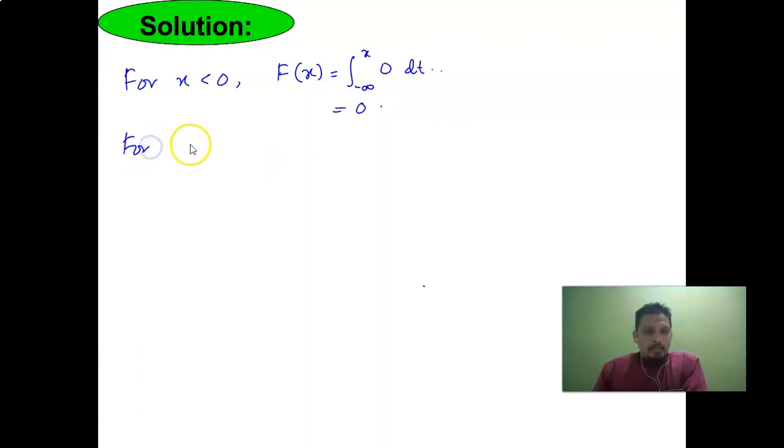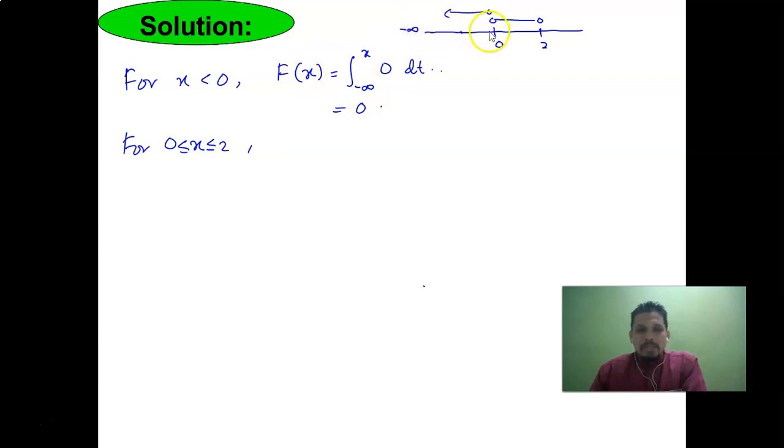And then for x lying between 0 until 2. Accumulate means that the first part accumulates from negative infinity until 0, because the function is 0 there. So F(x) equals the integral from negative infinity until 0 of 0 dt, plus the integral from 0 until any value of x between 0 and 2.